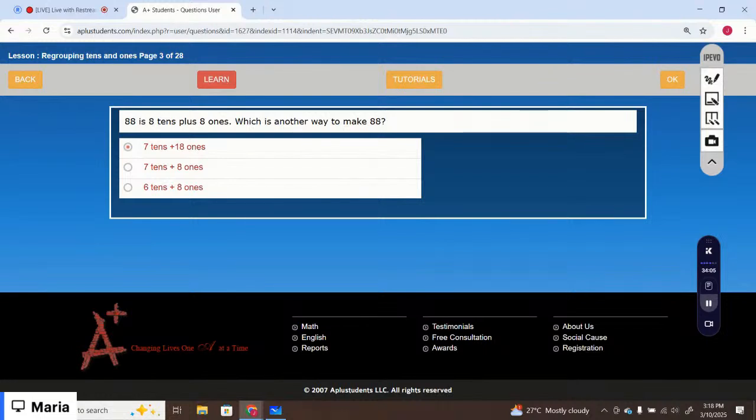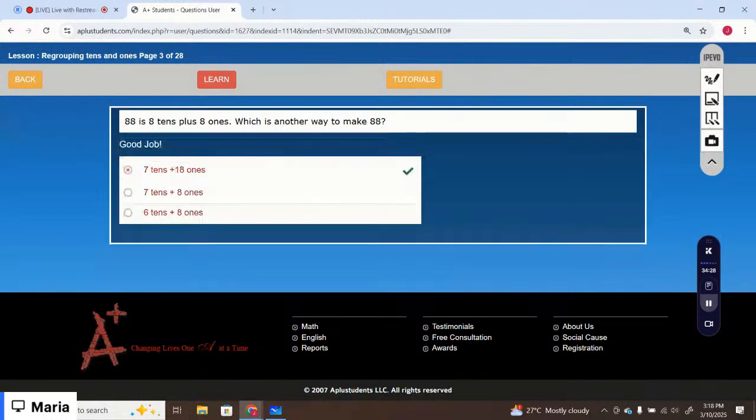That is 7 tens and 18 ones. Option number 1 is the correct option.